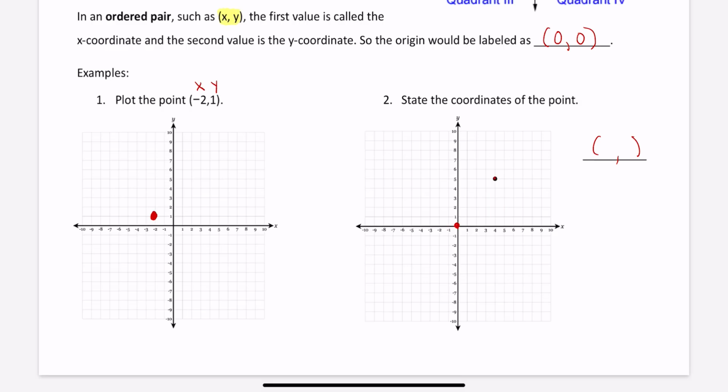So that means I have a positive 4 as my x-coordinate. And then how far do I need to go up and down? From the origin, I need to go up 1, 2, 3, 4, 5 spaces in order to be lined up with my point. So my y value of my ordered pair is going to be a positive 5. So my coordinate, or my ordered pair for the point listed, is (4, 5).